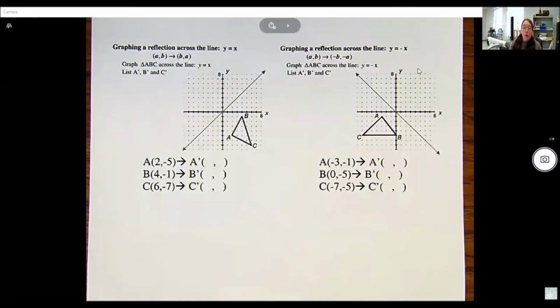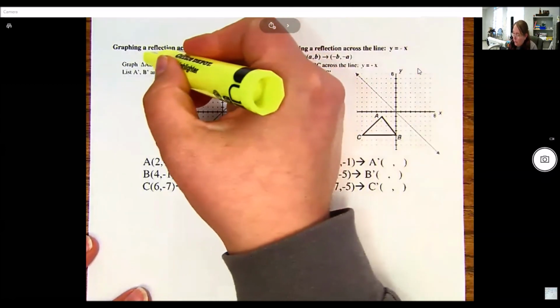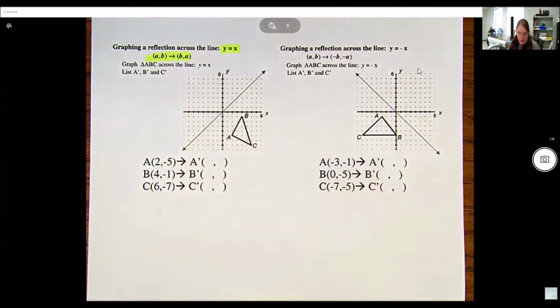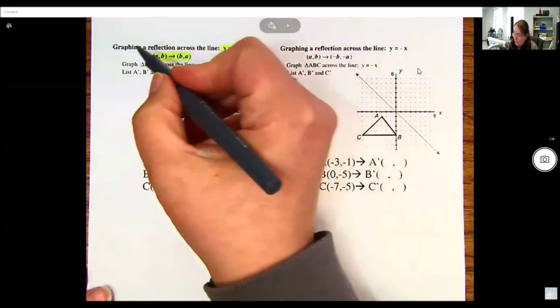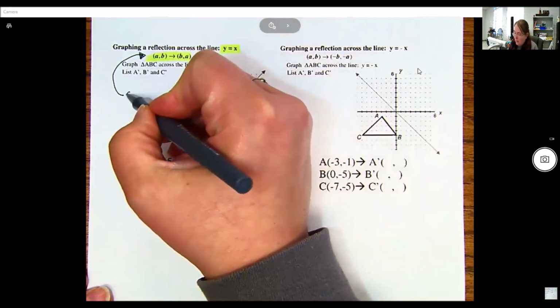There are 2 other reflection scenarios I want you to know about. One is reflecting across the line y = x. The rule for that is (a, b) becomes (b, a). Essentially you switch the a and the b.